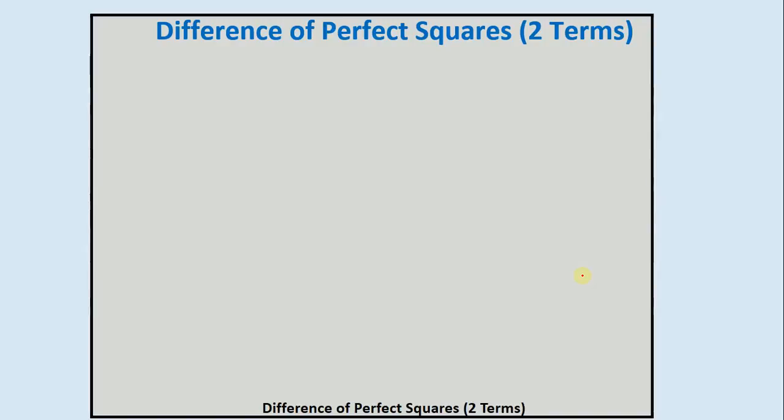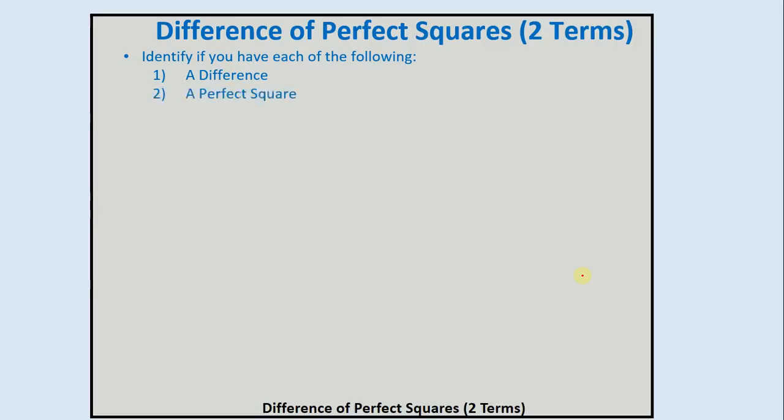Last one of factoring, difference of perfect squares. Here's what you're going to do. This is when you normally have 2 terms, but there's a kind of a gotcha moment that you need to worry about. You need to identify if you have each of the following before you use this method. You need to make sure you have a difference, aka 2 terms subtracted from one another.